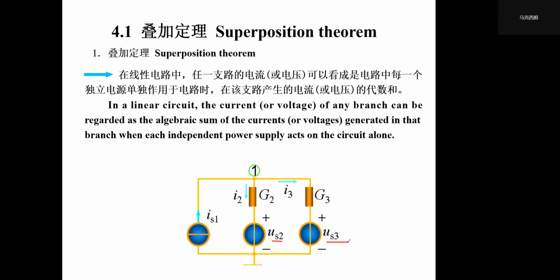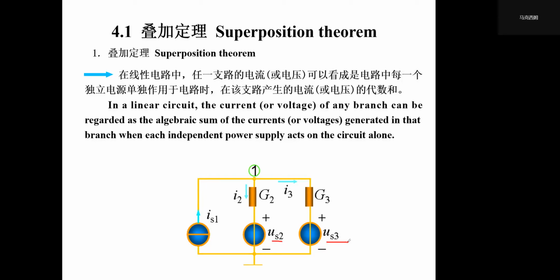If we want to get the values of I2 and I3, normally we will apply our KCL and KVL equations, and by solving those equations, we can reach the conclusion. But from the superposition theorem, we have another approach.